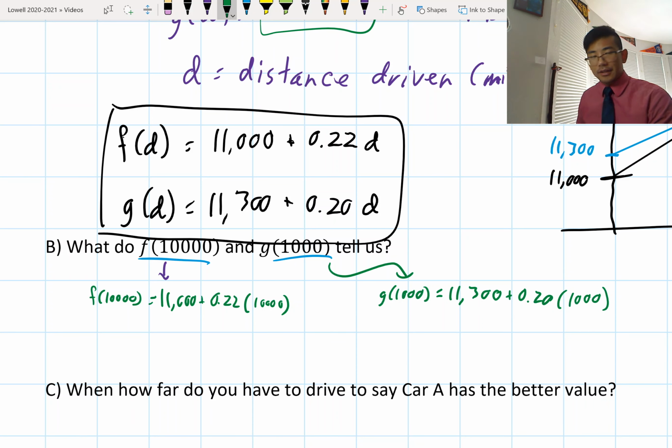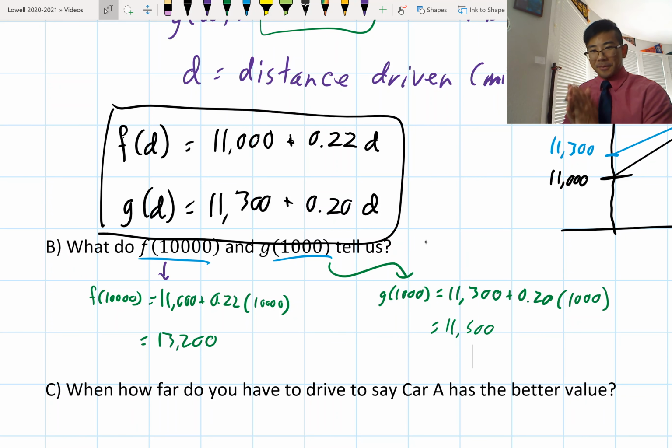I'm going to pull up my handy dandy calculator, because my brain was frozen there. F of 10,000 is 13,200. G of 1,000 is 11,500.